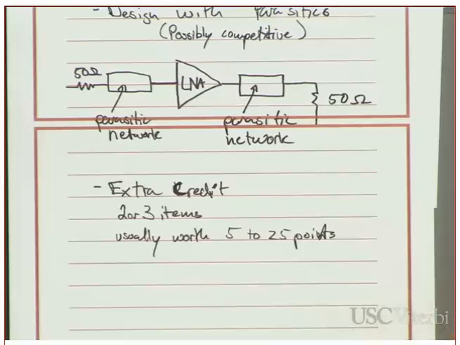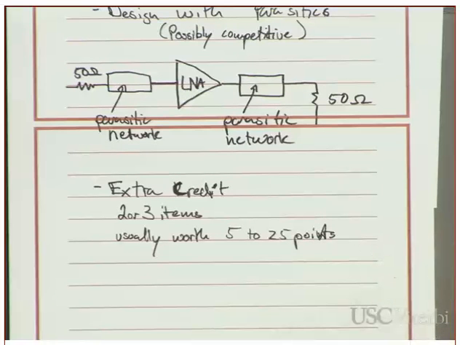But yeah, it would just be some mixing function. So you could do a diode mixer if you wanted to, or I guess if you could get it to work, you could just do a passive mixer. But it's one of those things where I really wanted to assign a mixer, but I wanted to assign a single-ended mixer.